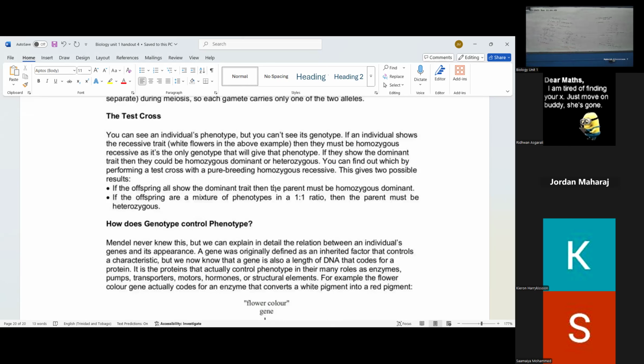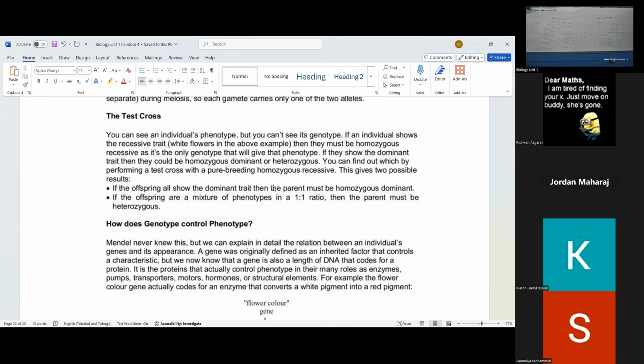You understand? So you are actually performing the test. Based on the results of the test, you can figure out the genetic identity of that organism. So let's say we do a lab, we do the test, and we get a ratio of 1 wrinkle to 1 wrinkle.